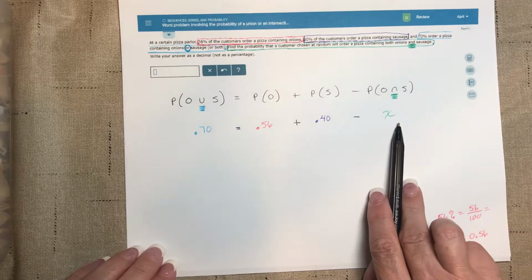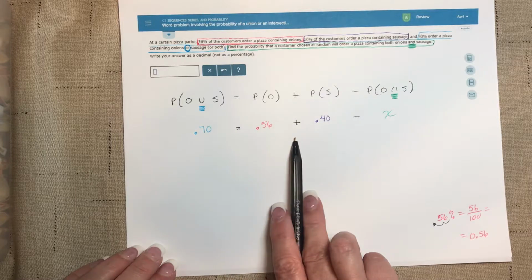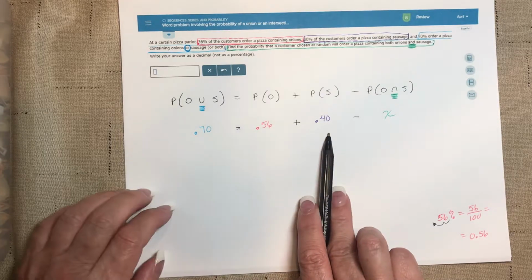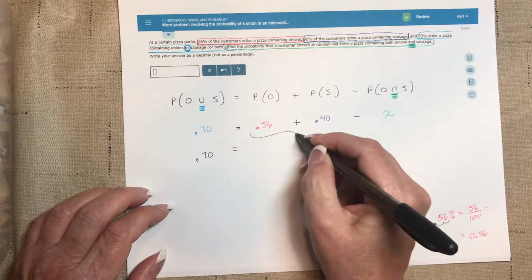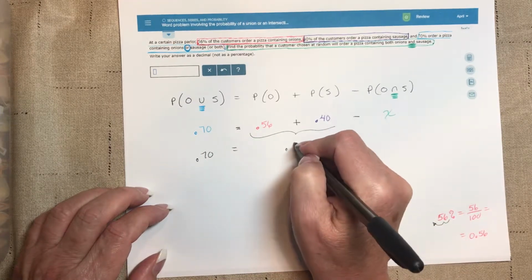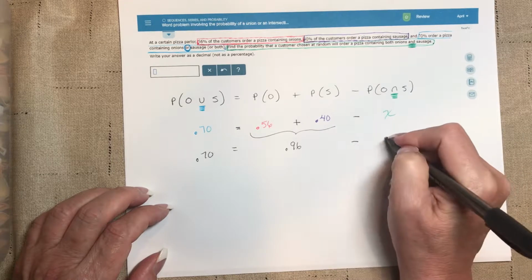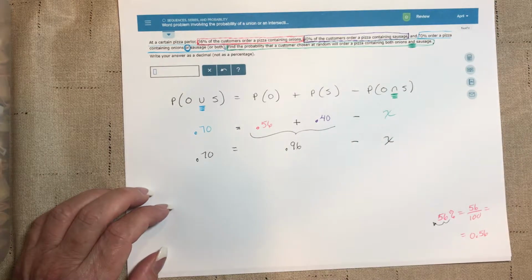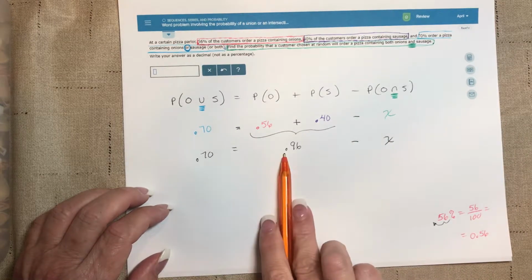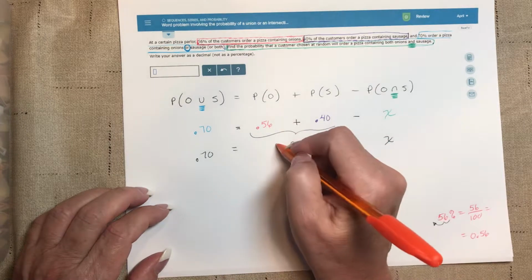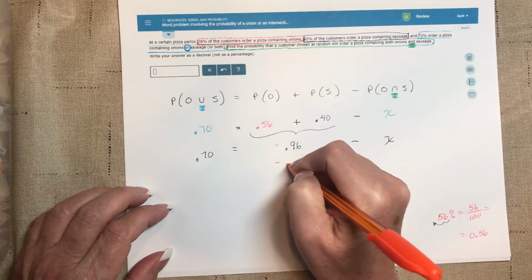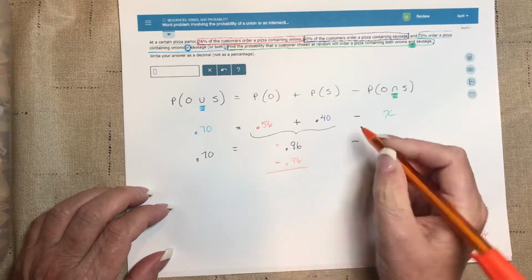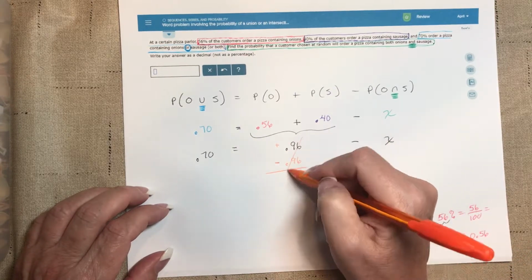To solve for x, I'm going to start by combining the 0.56 and the 0.40. So when I add these two numbers together, I get 0.96. I still have minus x. To get x by itself, I'm going to have to get rid of the 0.96. Now right here, that 0.96 is a positive. So to cancel it out, I'll need a negative. If you add a positive and a negative together, they cancel.